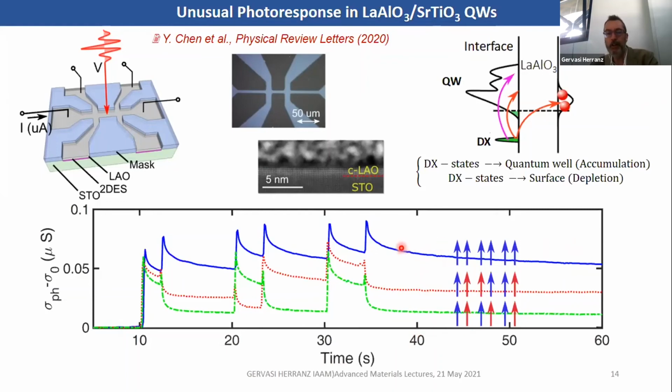And another observation is that if now we introduce red pulses intercalated with blue pulses, what we see is that there is an increase and decrease of the conductance depending on the wavelength. So for instance, a first blue pulse increases the conductance, a red pulse decreases, and so on.